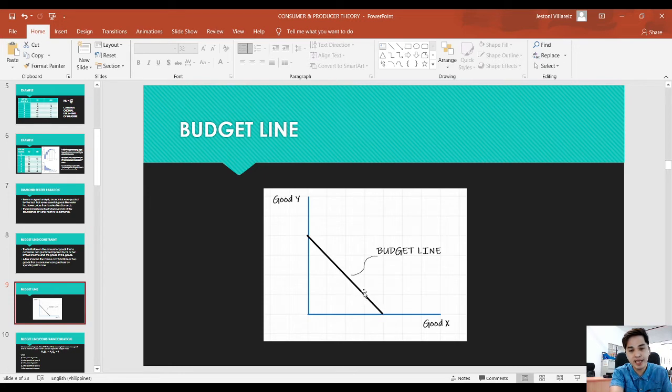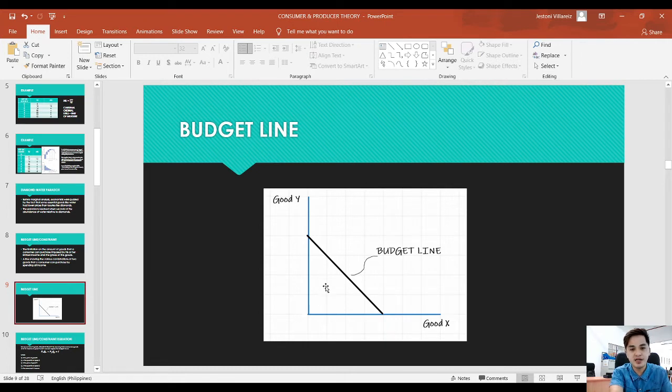Any point outside your budget line is considered out of budget, meaning it is too expensive and your income cannot afford it. Any point inside or under our budget line, we call the budget space.